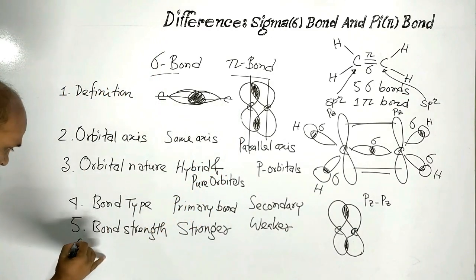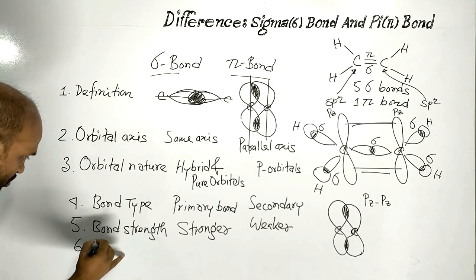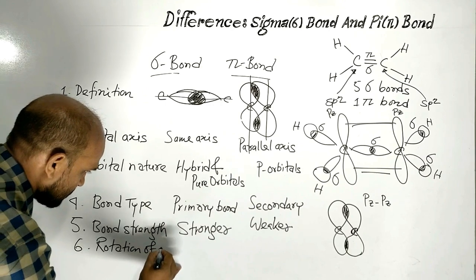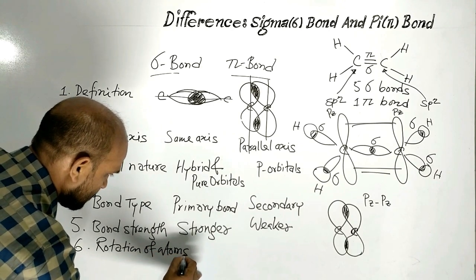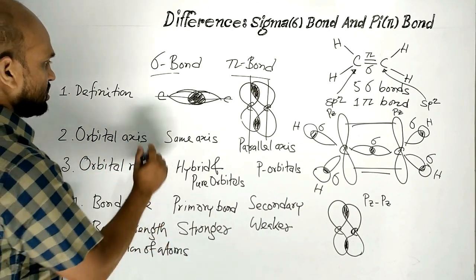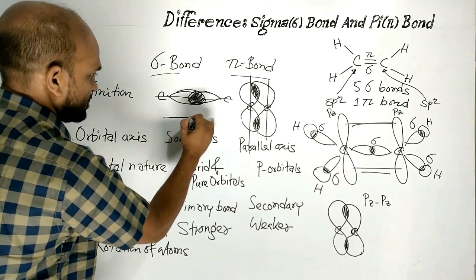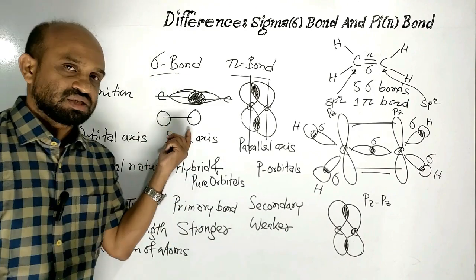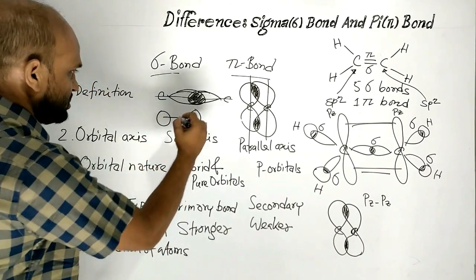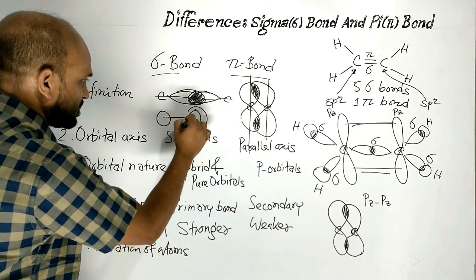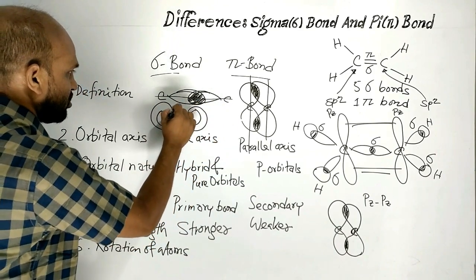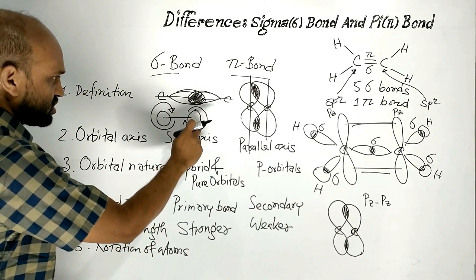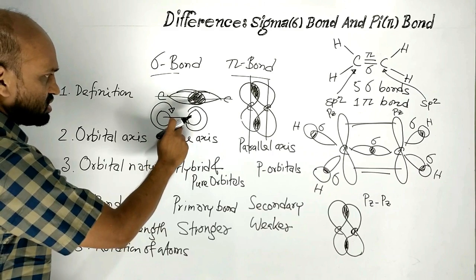Next point is rotation of atoms. Let us consider here, this is a sigma bond, a single bond between two atoms. In this case, atoms can rotate freely along the sigma bond axis.